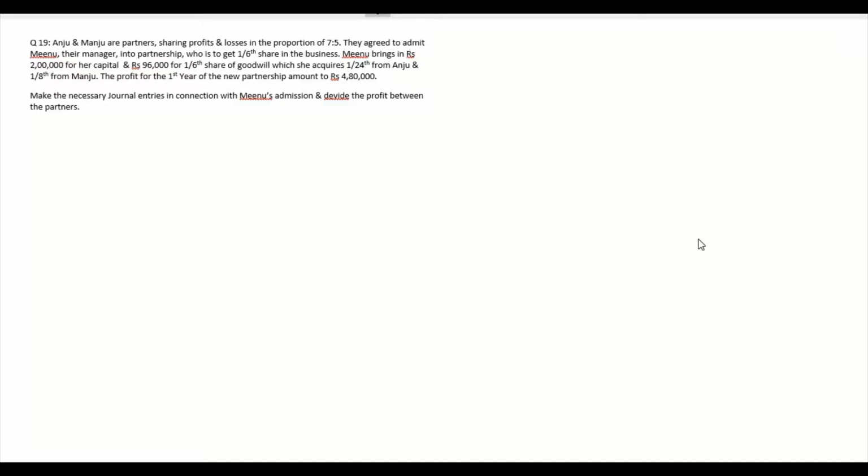Meenu brings in rupees 2 lakh for her capital and rupees 96,000 for 1/6 share of goodwill, which she acquires 1/24 from Anju and 1/8 from Manju. The profits of the first year of the new partnership amounted to rupees 4,80,000. Make the necessary journal entries in connection with Meenu's admission and divide the profit between the partners.